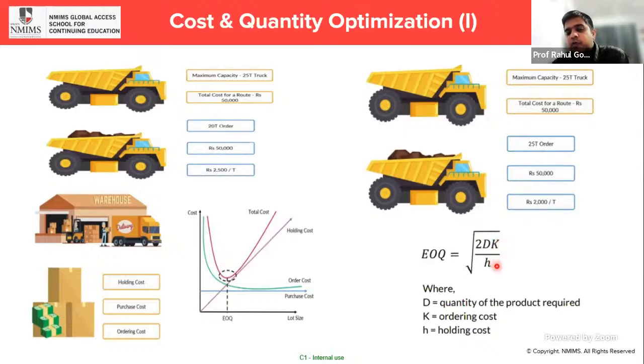Like I mentioned earlier, how much to order can be defined by three methods: economic order quantity, minimum order quantity, and the third method was the constraint in terms of replenishment or shelf life.